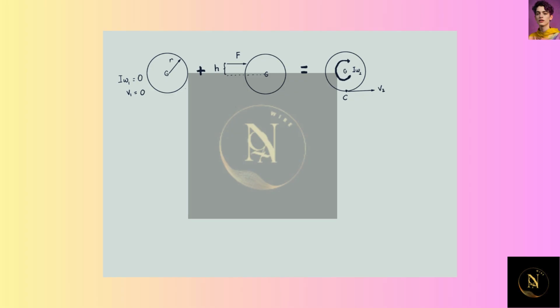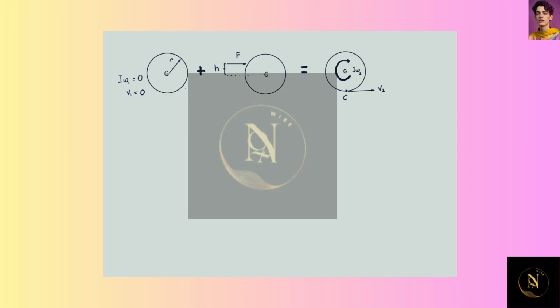We have it here in the second part, or at the middle, and then this force will cause the ball to start rolling without slipping with the point C as the instantaneous center of rotation. We have it here at the last part of our diagram.